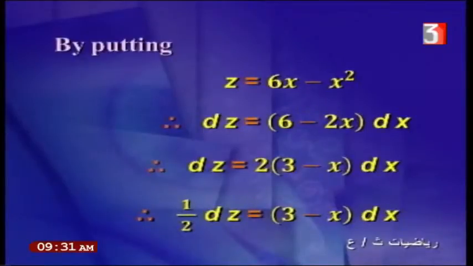The original function is the integration of (3 minus x) e power 6x minus x power 2 dx. We can substitute, then (3 minus x) dx equals half dz, and e power 6x minus x power 2 equals e to the power z.